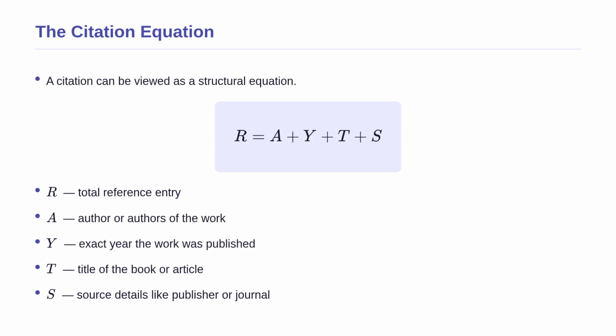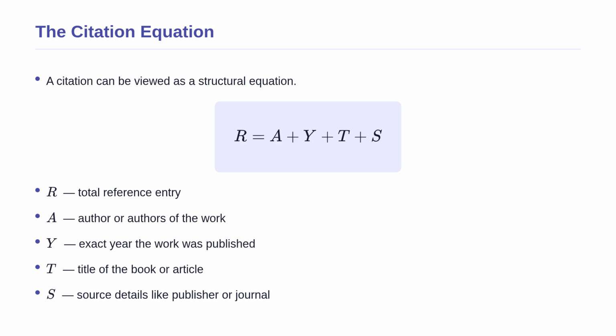To make referencing easier to grasp, we can think of a citation as a structural equation. The total reference entry, R, is the sum of its critical components. Let us break down these variables. The variable A represents the author or authors, giving them primary credit.